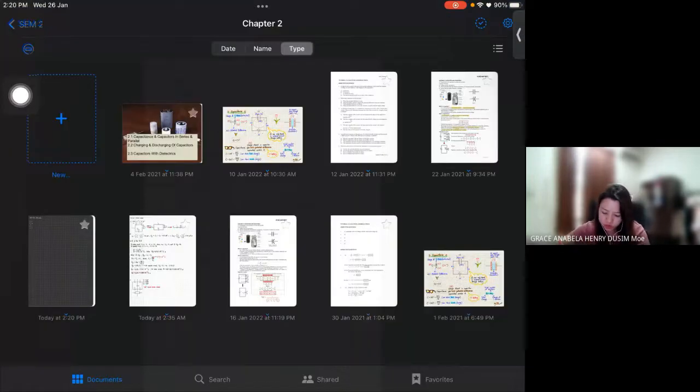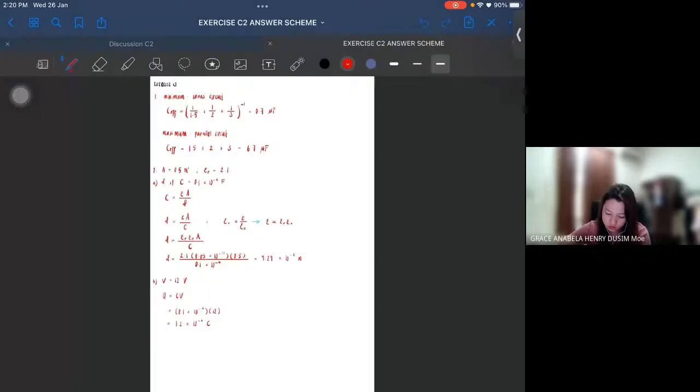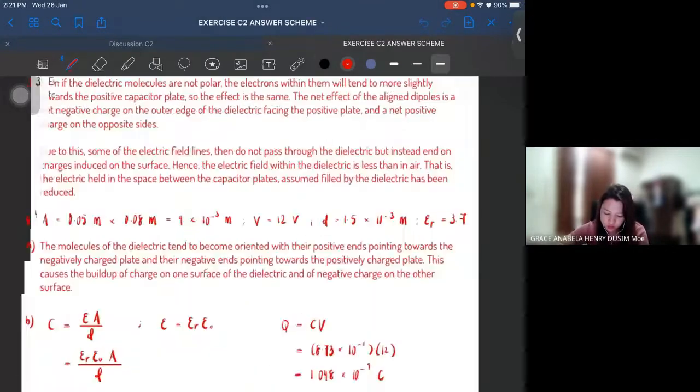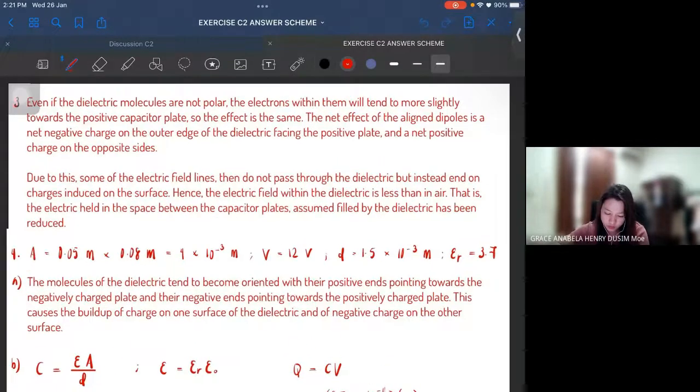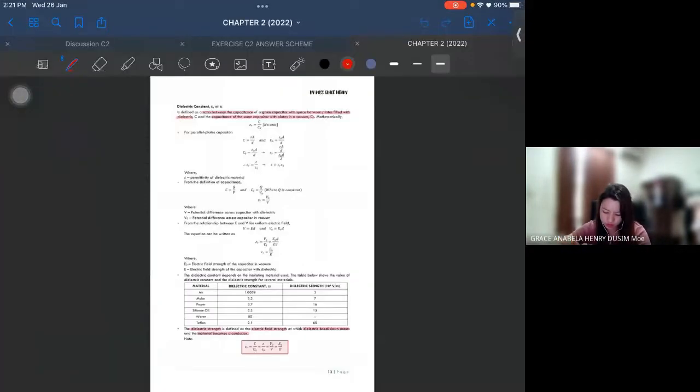Then untuk question 3, it is a very long answer. So ini jawapan dia. Okay. Apa soalan dia tu? Dia tanya apa? Exercise 3.